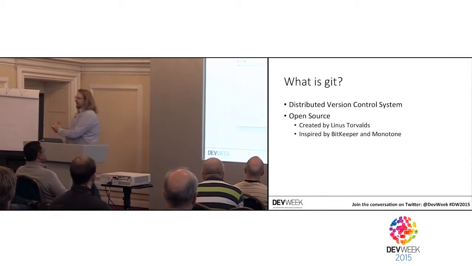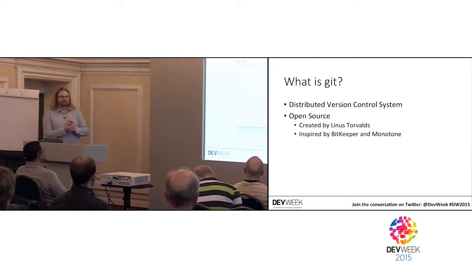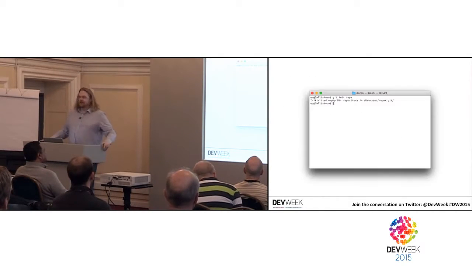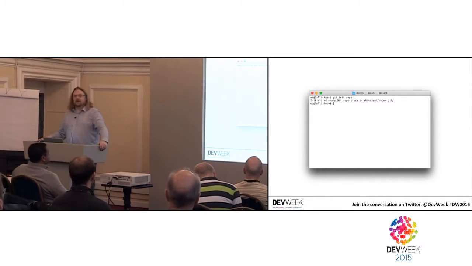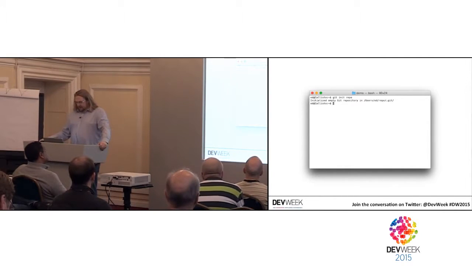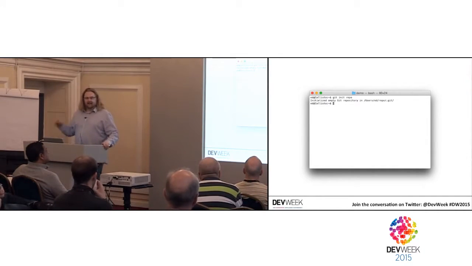So how do we get started with Git? Git init. That's it. That's the only thing you need to know to get going. When we do a Git init, a git init repo for example, we create a folder, and in that folder there will be a .git folder.